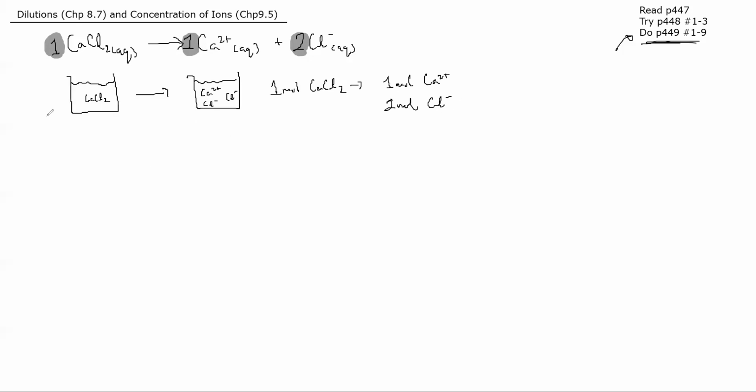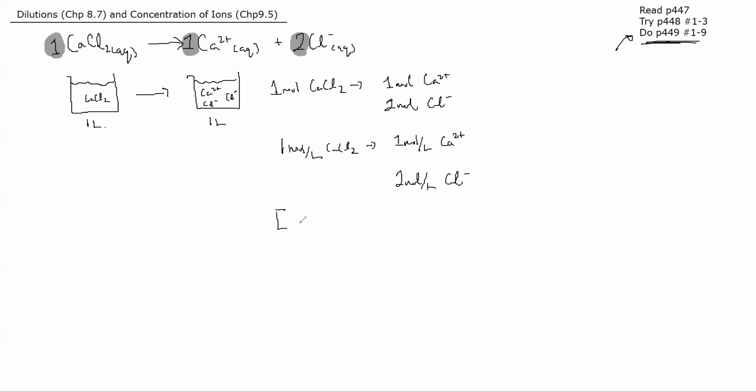Better yet, to keep it simple, if I have 1 liter of the solution, in essence, what is the concentration? 1 mole per liter of calcium chloride is equal to 1 mole per liter of calcium ions and 2 moles per liter of chloride ions. Right?